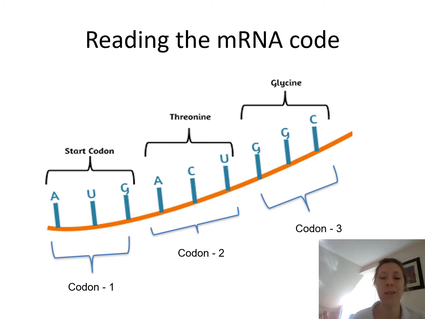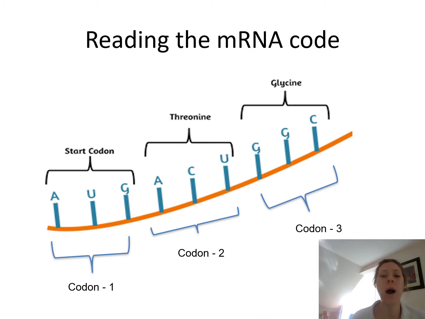Again, nice, easy name that lets us know what's going on. So AUG is the beginning. That's going to put down an amino acid. That amino acid is called methionine, and that's always the first amino acid in every protein. And then we go on to read the next three letters. These three letters code for an amino acid called threonine, and that would be the next one bound, and we would keep going, reading three letters at a time.